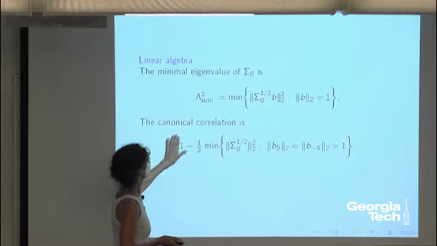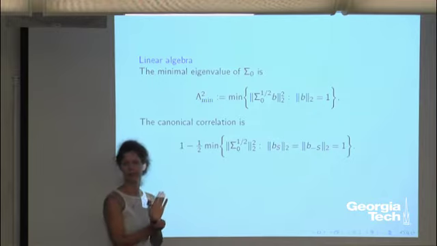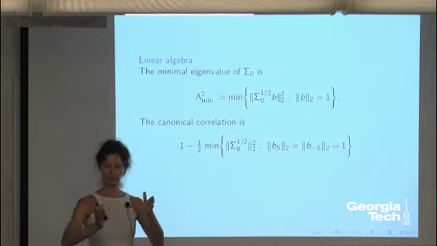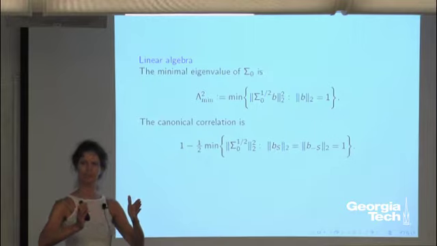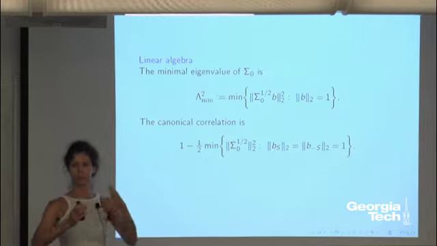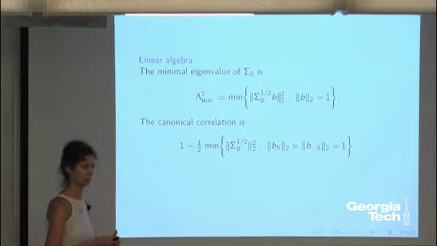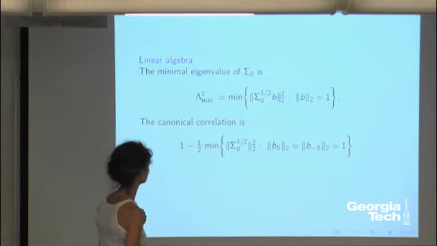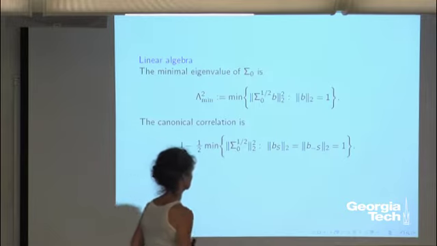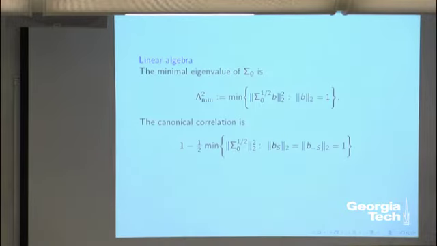Well, canonical correlation is the angle, and if you have an angle between two vectors, you can also look at their distance. The distance is then 1 minus that angle if they're normalized to be of length 1. Actually, it's probably the inner product, right? Maybe I did the normalization wrong.